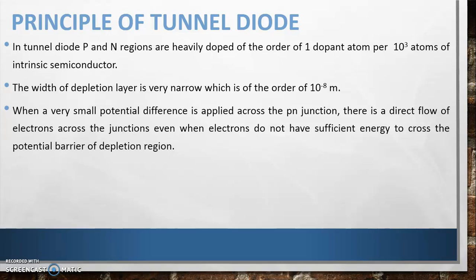That is the important point of the tunneling effect. Though there is less energy, still the electron tunnels through the potential barrier.